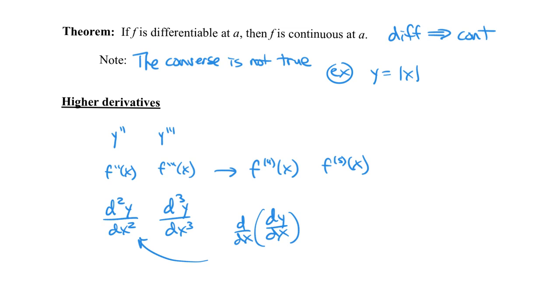And then it just sort of looks like d squared y over dx squared. So that's why we have this sort of strange looking notation here. But you don't see this too much. Normally, when you have higher derivatives, you'll see this notation with f. You have f prime of x, f double prime of x, f triple prime of x. And after that, you'll see the numbers up here like that.